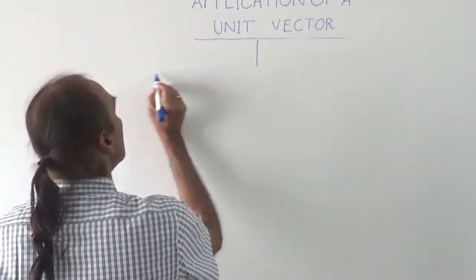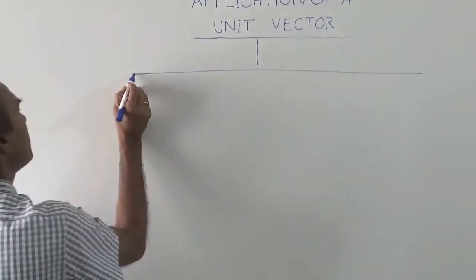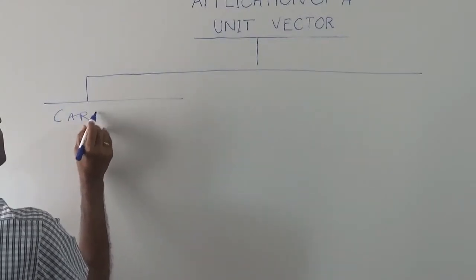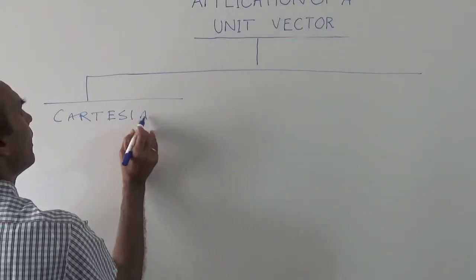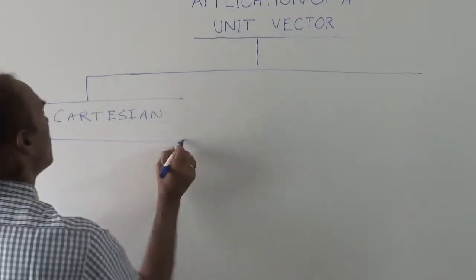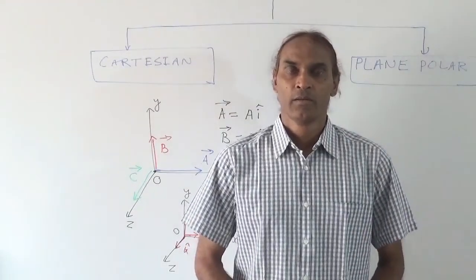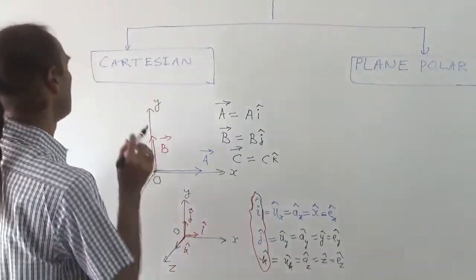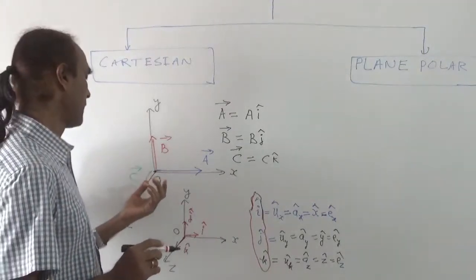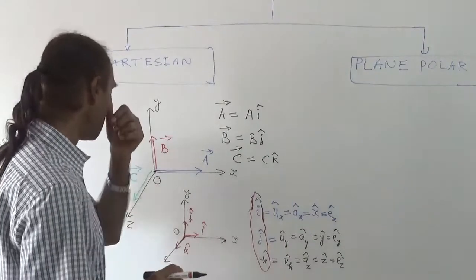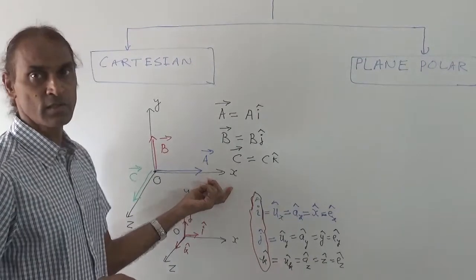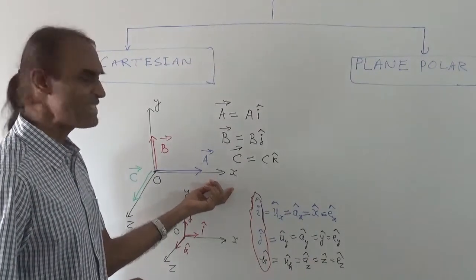One is the Cartesian coordinate system, and the second is plane polar. Always remember one thing: the Cartesian coordinate system is the most basic coordinate system under which a student works from the basic level.